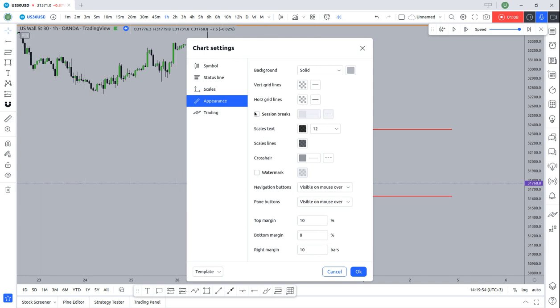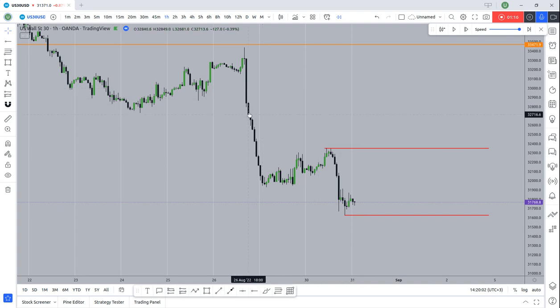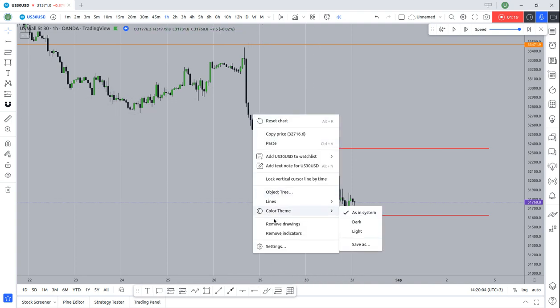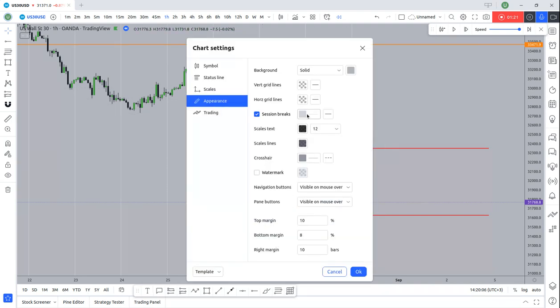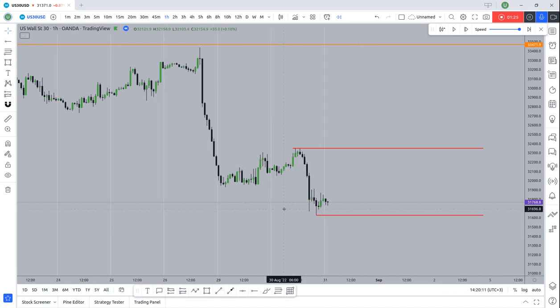You just click on it, highlight it, click on OK, and then this will come. You can change the colors. You just click here and then pick the color that you prefer.